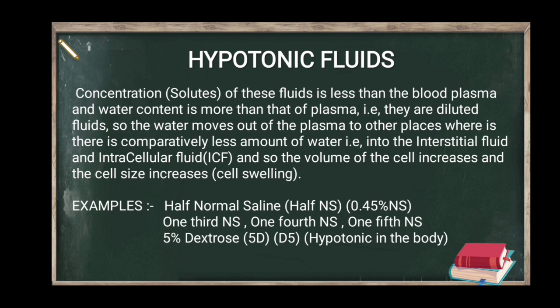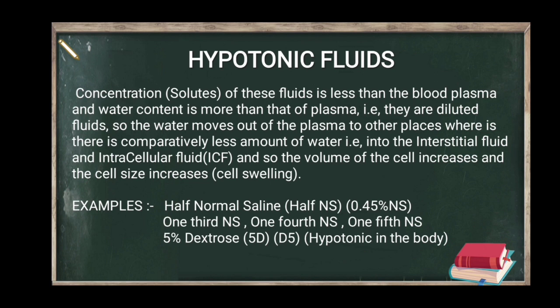So the water moves out of the plasma to other places where there is comparatively less amount of water, that is into the interstitial fluid and intracellular fluid. And so as the fluid enters the cell, the volume of the cell increases and the size of the cell increases. It causes swelling of the cell.